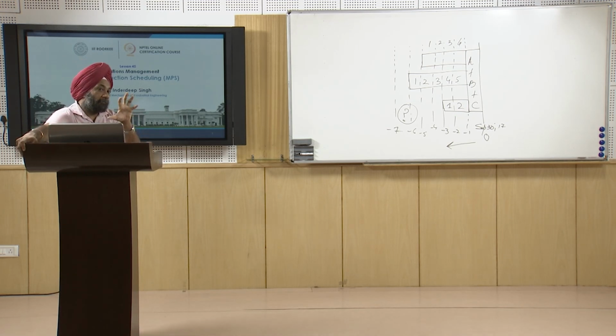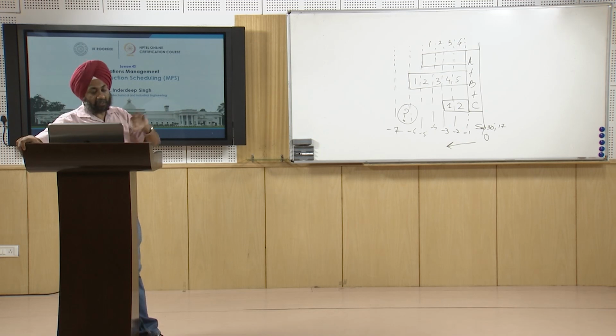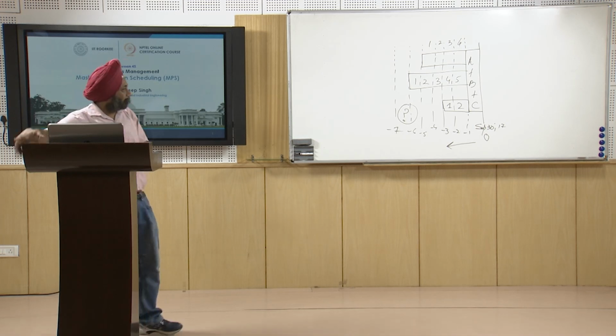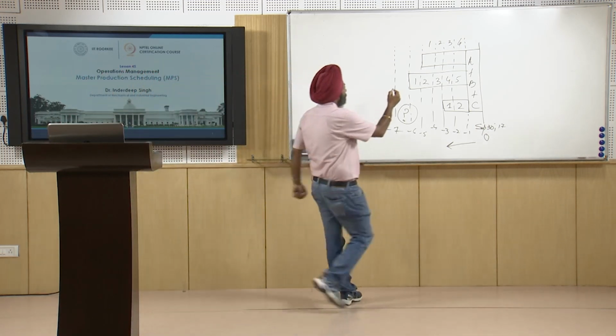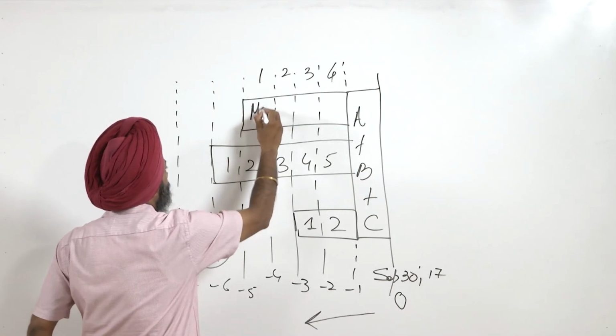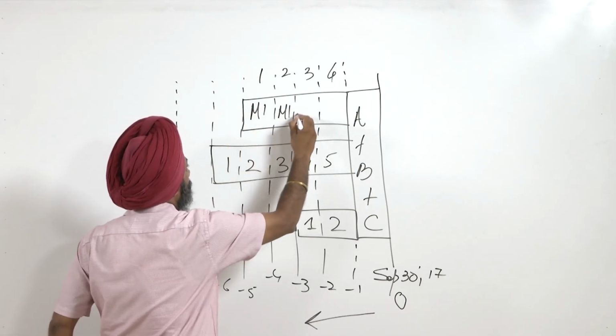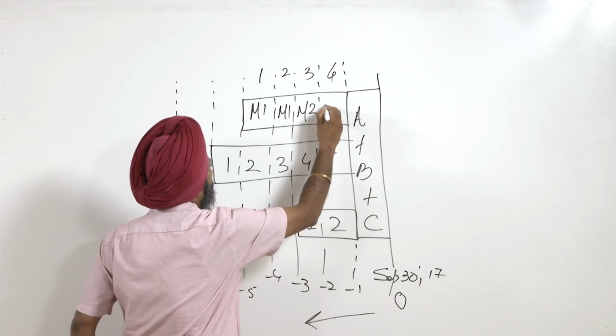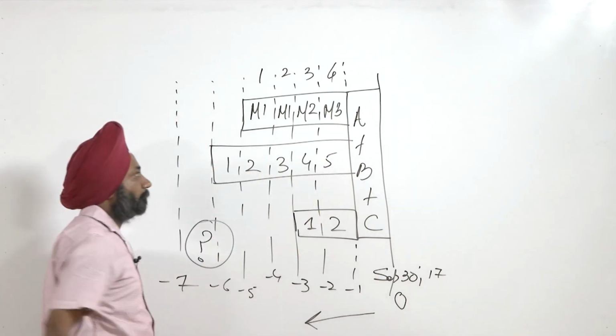So we can see the importance of the master production schedule. Suppose for each component we even know which machine is required for which particular component. We can even check the conflict among the machines also. For example, if we again look here, suppose we have machine 1 required, machine 1 required, machine 2 and machine 3.